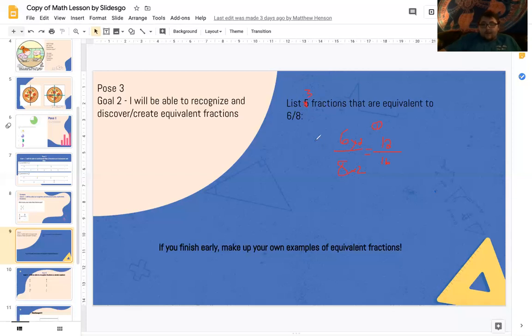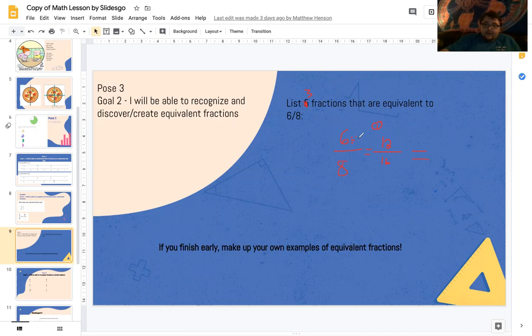All right. Another way to find an equivalent fraction is by dividing. I can divide 6 divided by 2. Again, I like to start at 2. 6 and 8 can be divided by 2.